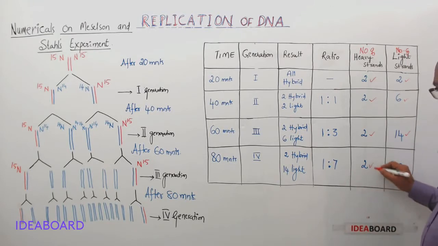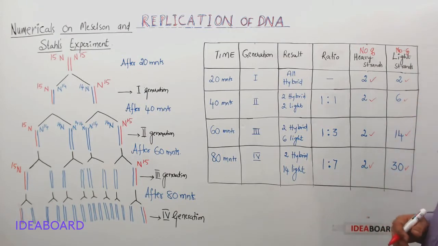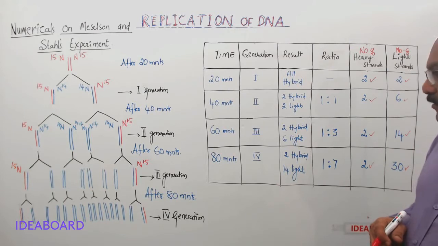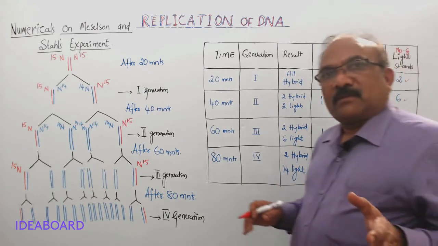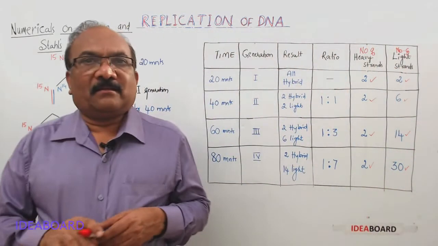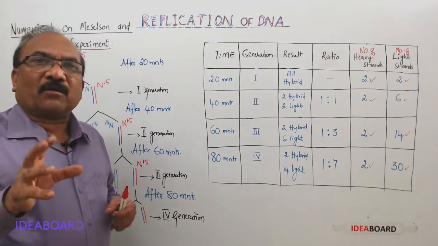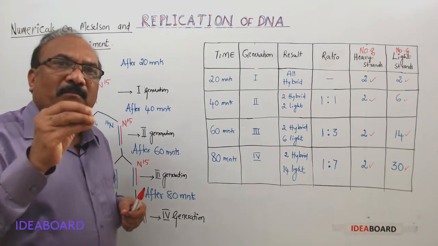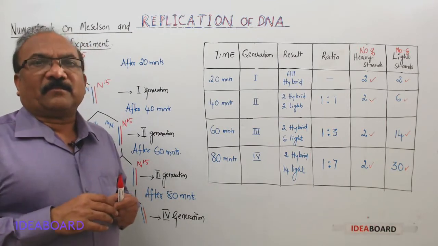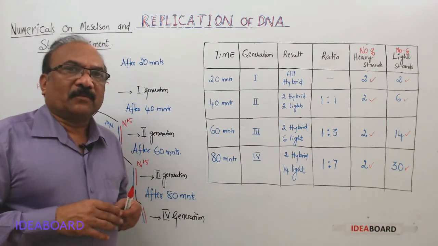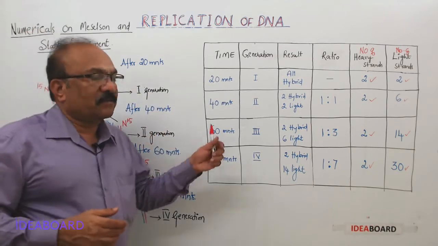Two. And how many are light or N14 strands? 30. If you study this table, you will be able to solve any problem very easily. So make a note of this table.